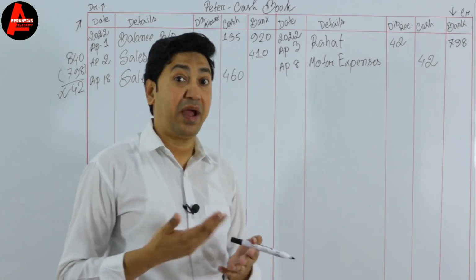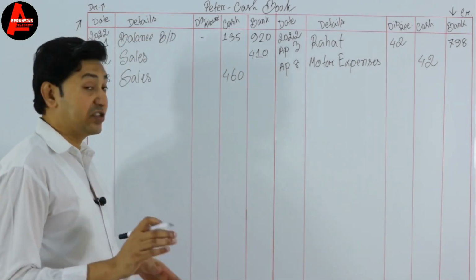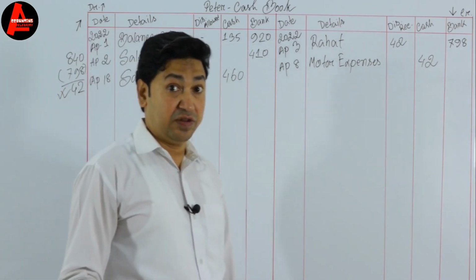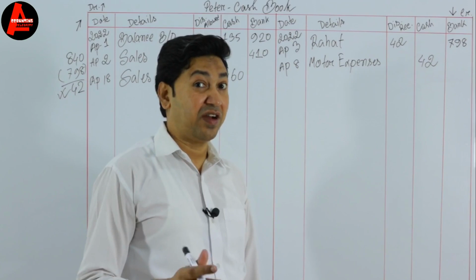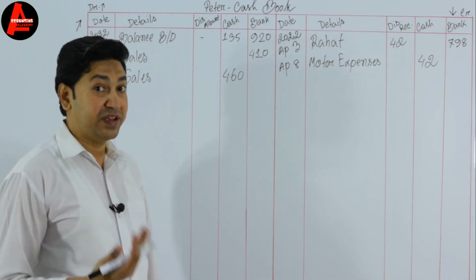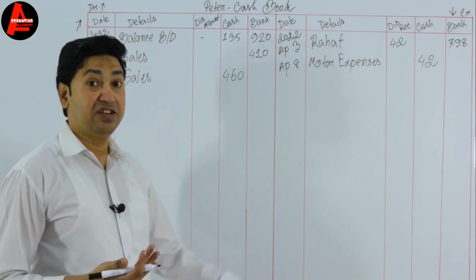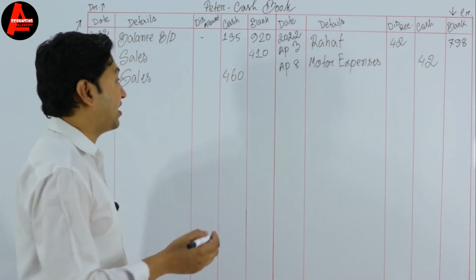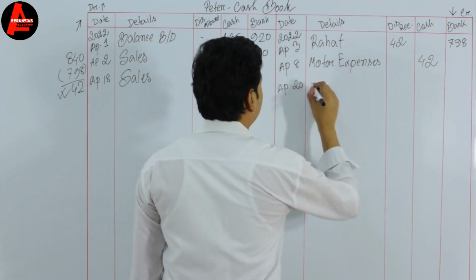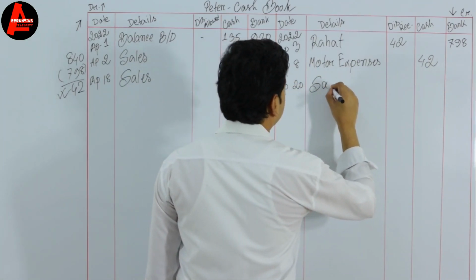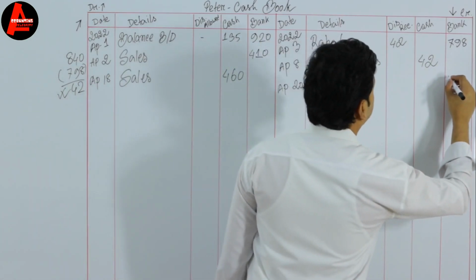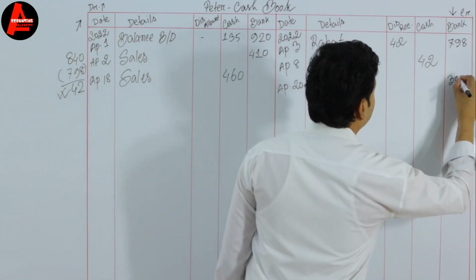So it is a bank transfer actually. It is not mentioned here, but you remember, if you see this type of transaction, you will put the money on the bank column only. So here, is bank increased or decreased? Obviously it is decreased, so we will go on the credit side. So let us write here April 20. We will write in the details column Samir, and $392 on the bank column, right?